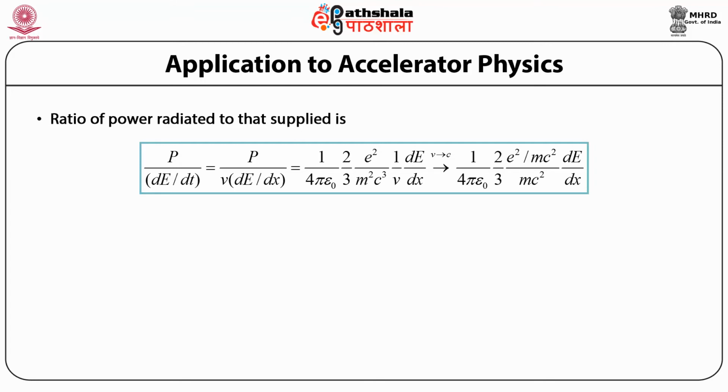The loss of energy due to radiation is maximum for the electrons.